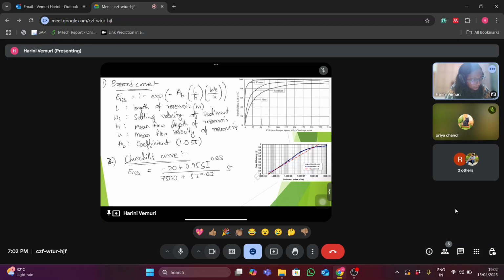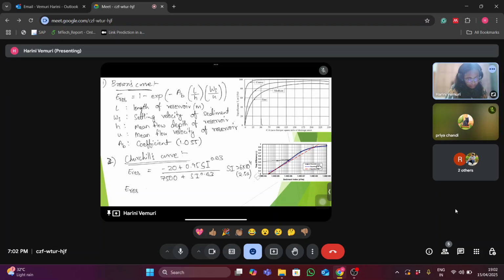This is when SI is greater than 6 times 10 to the power 4, which is the 2.5A curve. So you have to see this 2.5A curve, that is the blue shaded curve. When the SI value is greater than 6 times 10 to the power 4, you have to get the values of the corresponding trap efficiency from the blue curve. Okay.